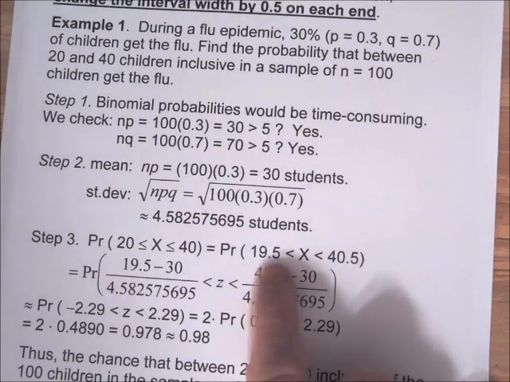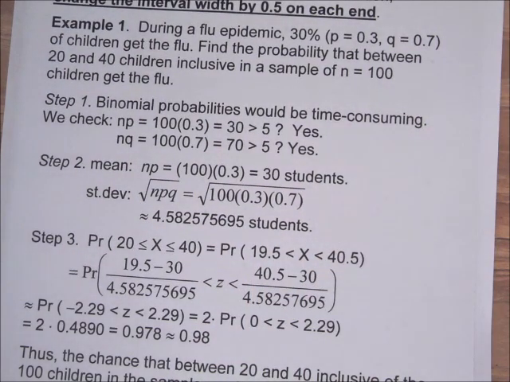So we want that interval from 19.5 to 40.5. That's because we're replacing binomial probabilities, which are whole numbers, with normal probabilities, which are intervals.